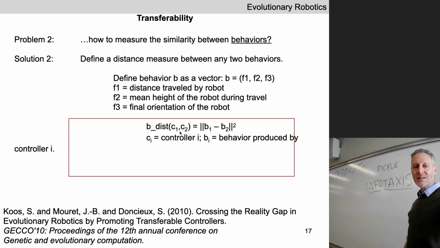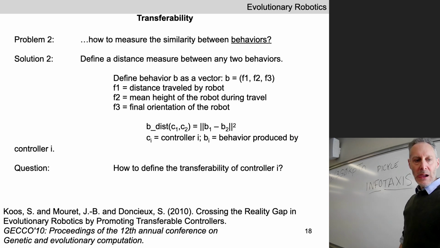So the distance between any 2 controllers is always a positive number, where 0 means there's absolutely no difference in the behaviors produced by those 2 controllers, at least in terms of distance traveled, mean height of the robot during travel, and final orientation of the robot. Okay, so far so good?